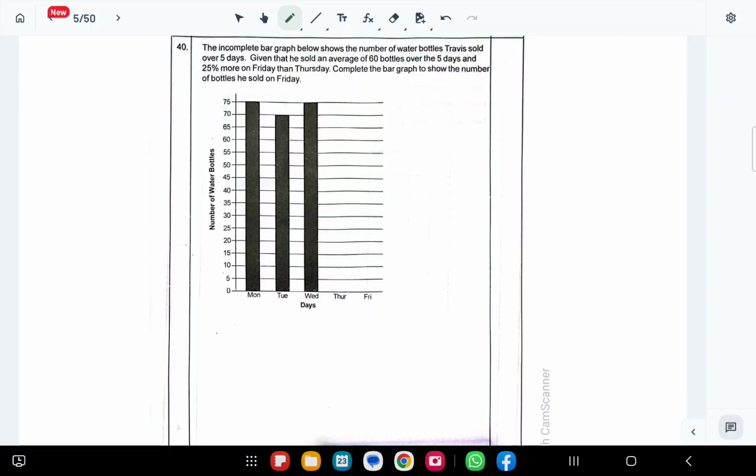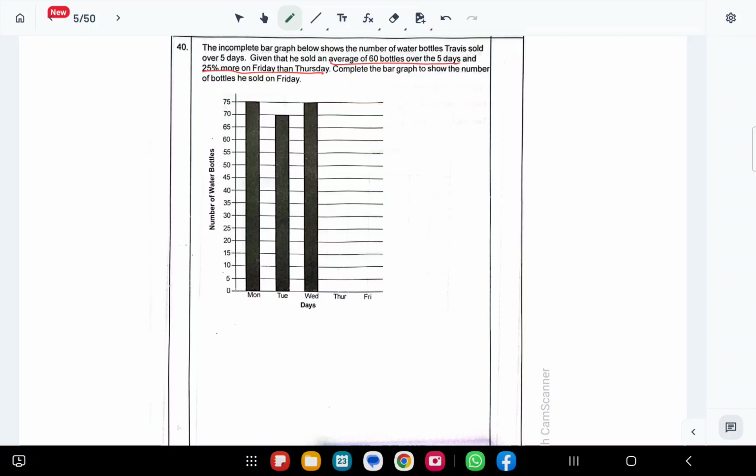So good. So they give us a lot of information here. We have unknowns. Now we need to solve for Friday. They also give us a little unequal sharing here, with one day is 25% more than the other. Alright. They also give us important information concerning the average bottles over the 5 days.